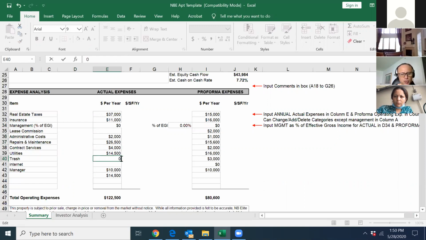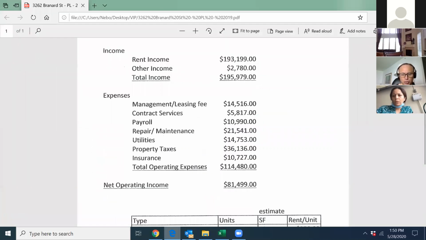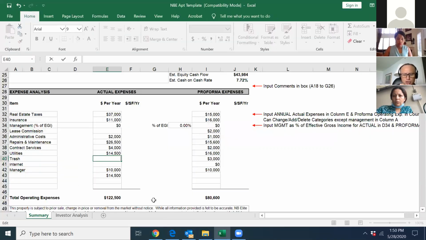Sometimes they're going to give you a breakdown on utilities, you understand that? Sometimes they put it all together. So the management and leasing fee: I'm going to put all the managers here. 14.5 plus 10.9, so it's 25.4. It's most important just to put the numbers.